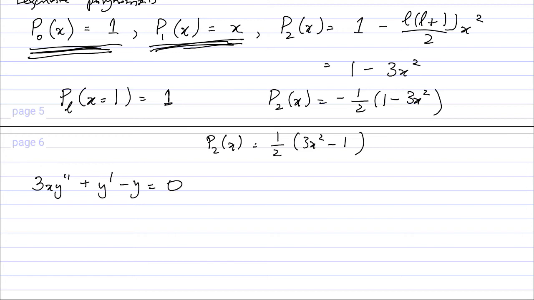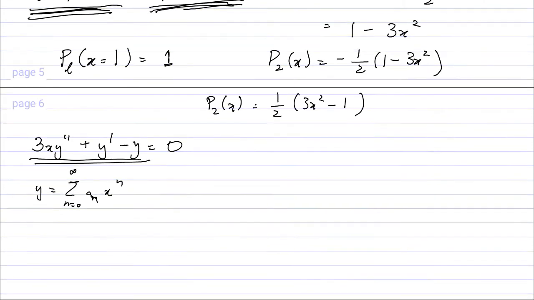Can I find the solution to this equation in this form? You're expanding about the point x is equal to 0. Notice that x is equal to 0 is a singular point for this equation. In general, the answer is no.